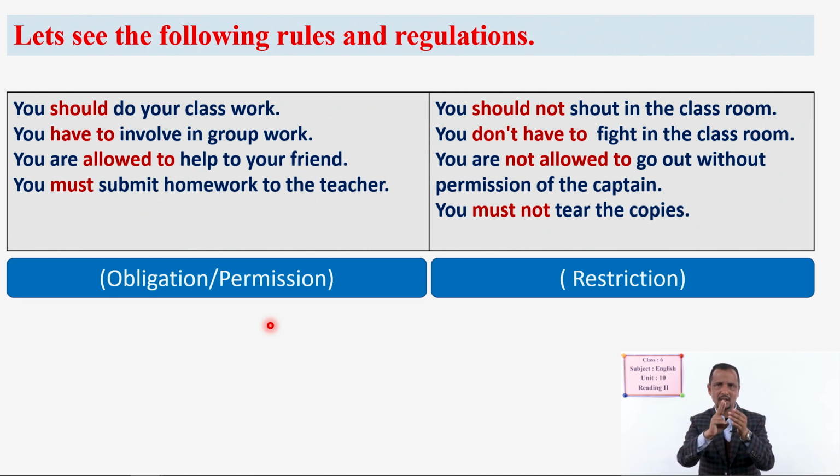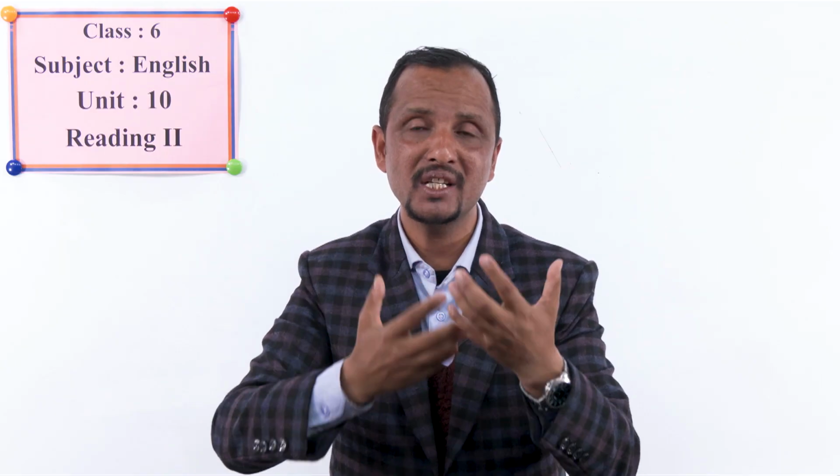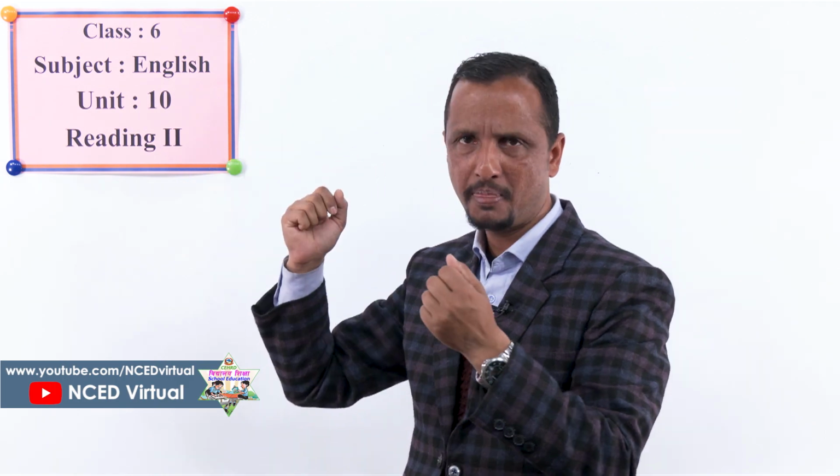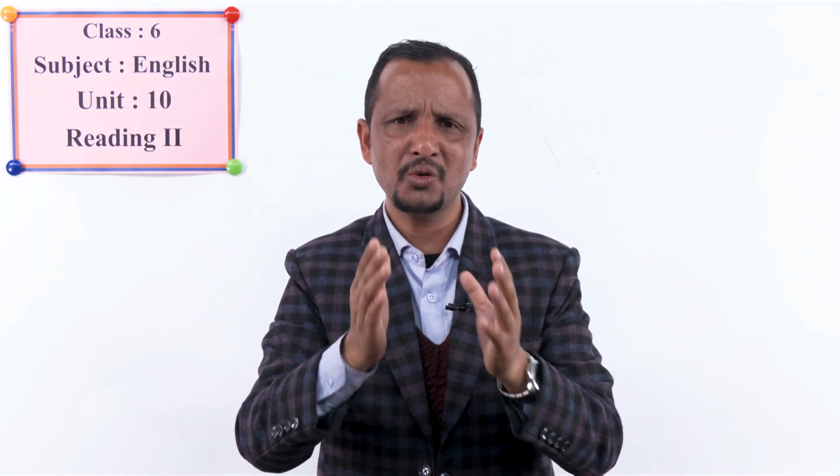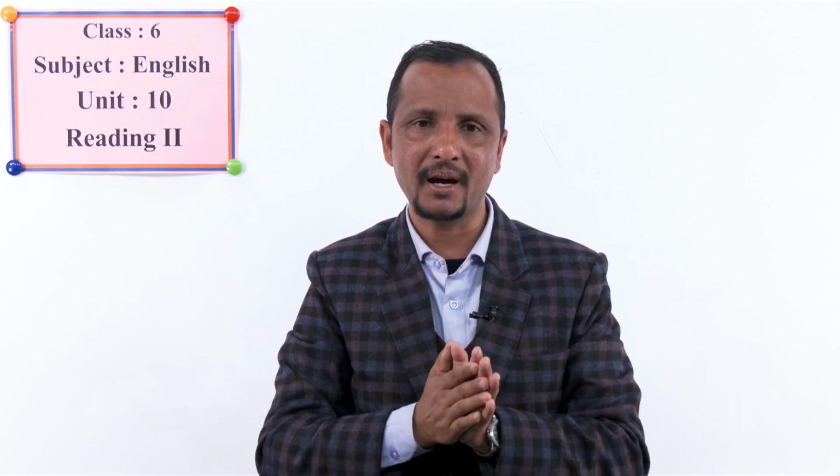Okay, the two come under what? Rules and regulations. How do we make them? You have seen this. So this is just, dear student, a revision of Unit 10. Now after this, let's go to the reading part.